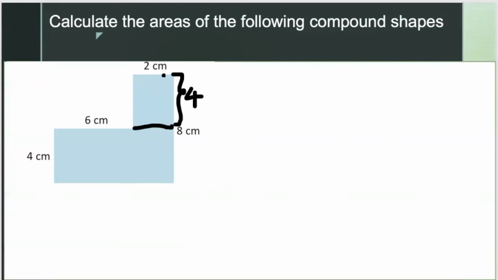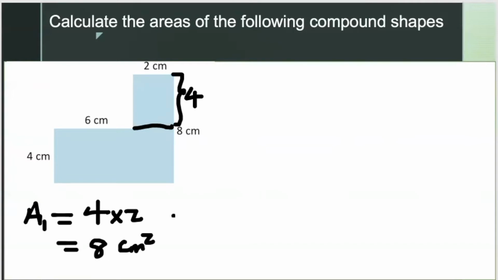So this little part, the area, let's call it area 1, is equal to 4 times 2. Of course, it's centimeter. That will be 8 centimeters square. Area 2, if this is 6 and this other part is the same length as this, so it means this is 2. So 6 plus 2, the entire length of this is 8 centimeters.